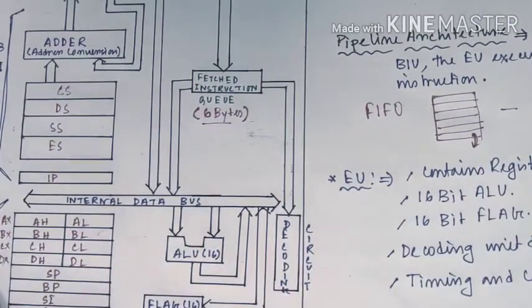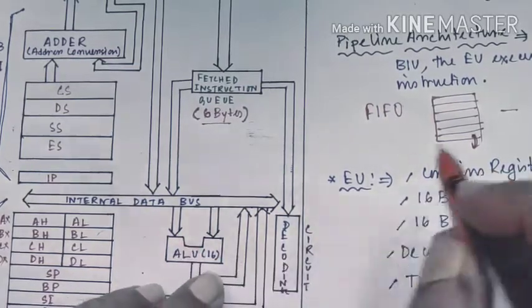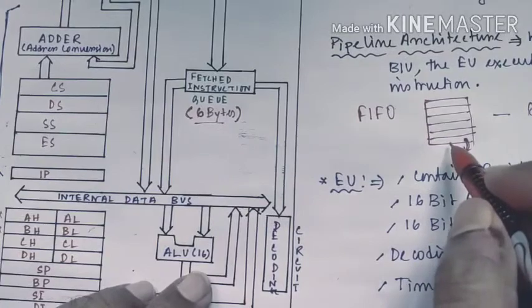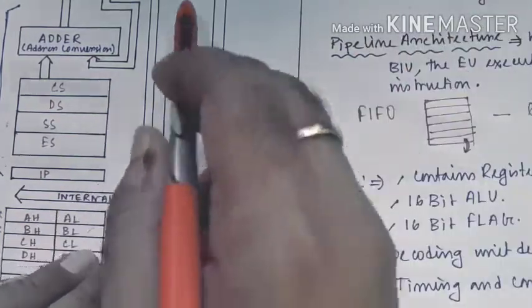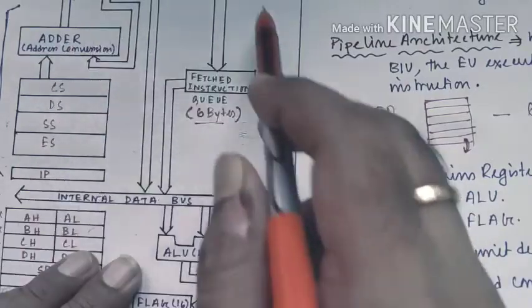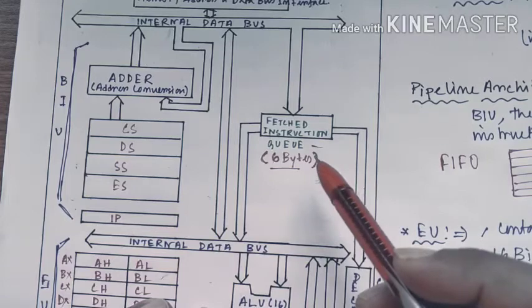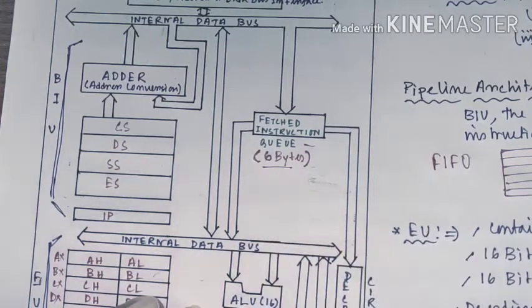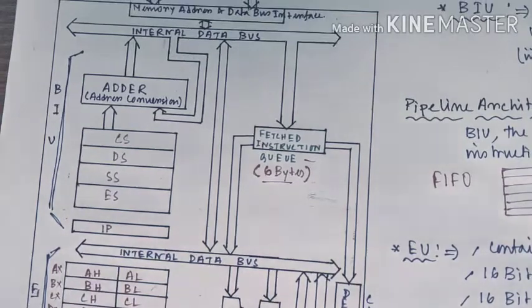Now whenever the execution unit is busy executing the firstly fetched instruction, normally the bus interface unit remains vacant or unused. So to increase the speed of execution, the developer has done something different.